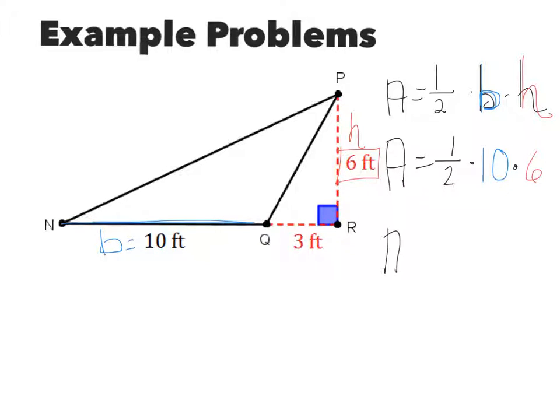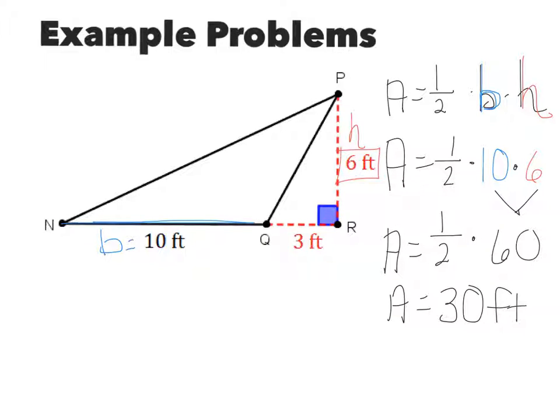So then we have the area equals, once again, you can do this in any order. If you want to do 1/2 and then do 10 times 6, which gives me 60. And then you have the area equals, what's 1/2 times 60? What's half of 60? 30. And this is going to be feet squared.